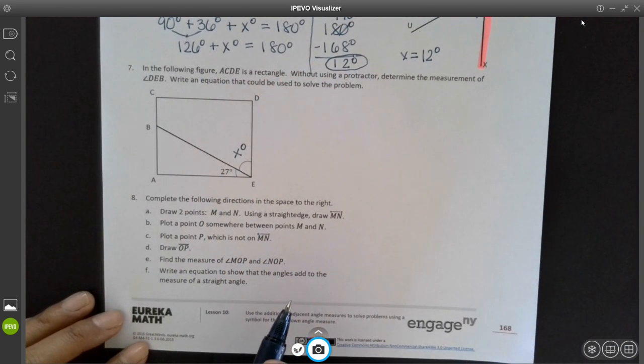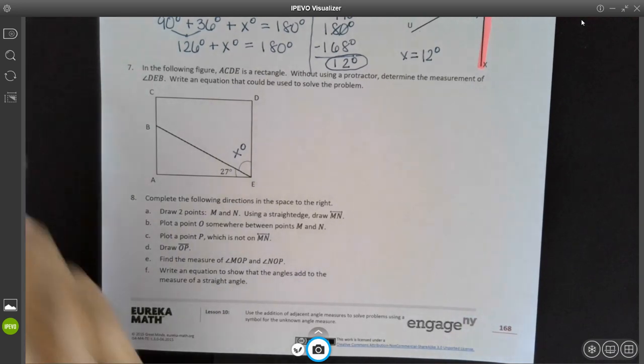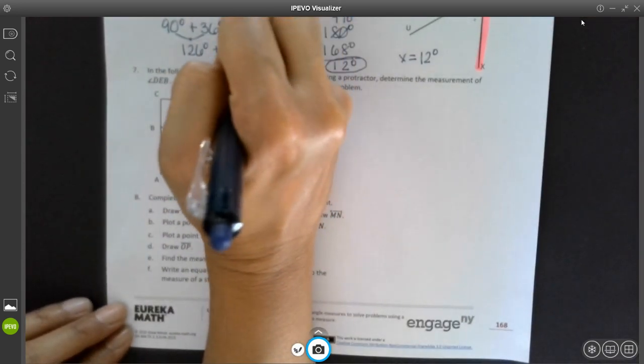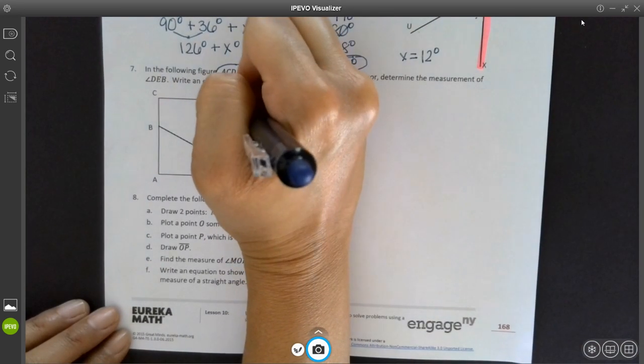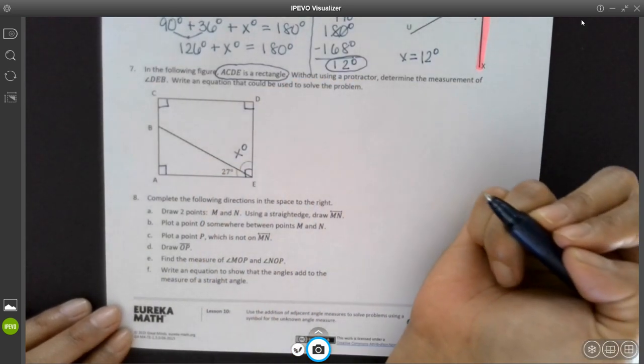Write an equation that could be used to solve the problem. Now, they don't tell us if it's a straight angle or a right angle, but they did give us a clue. Our clue was ACDE is a rectangle. What does that tell you? It tells me that each angle in a rectangle is a right angle.